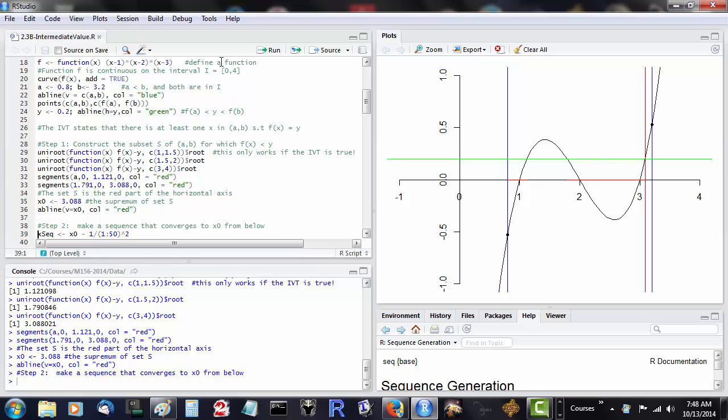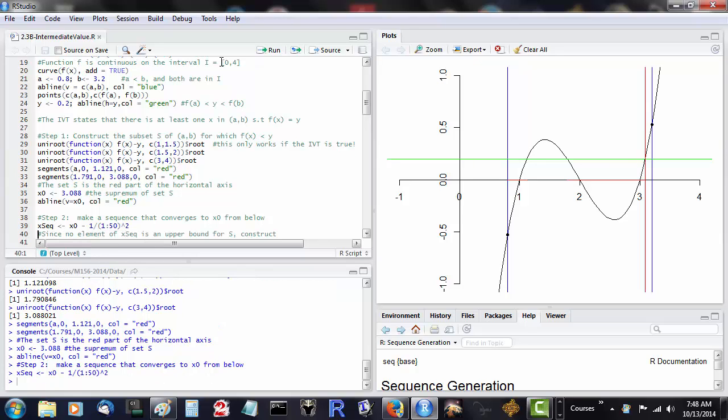What I'm going to do is take x0 and subtract off 1, 1/4, 1/9, and so on. None of these can possibly be an upper bound for S because the supremum is x0.